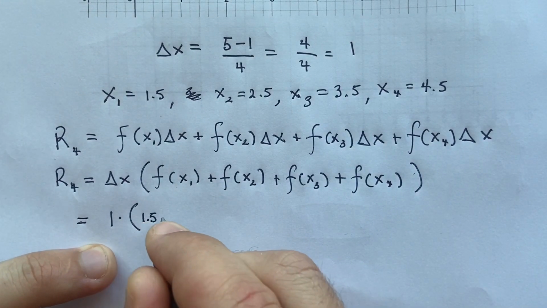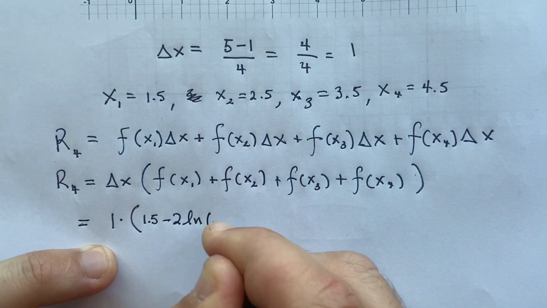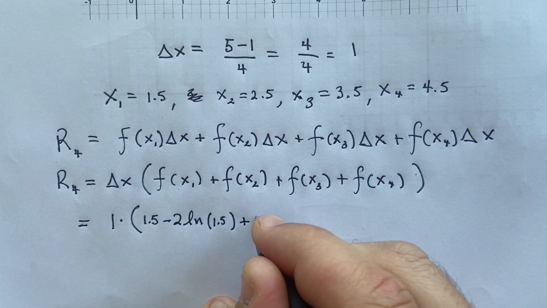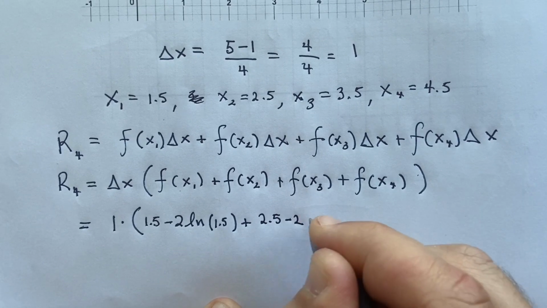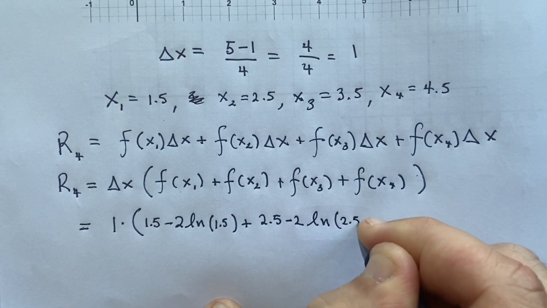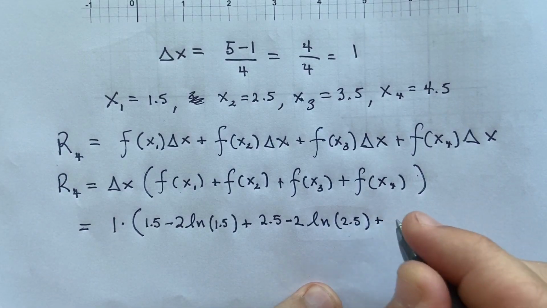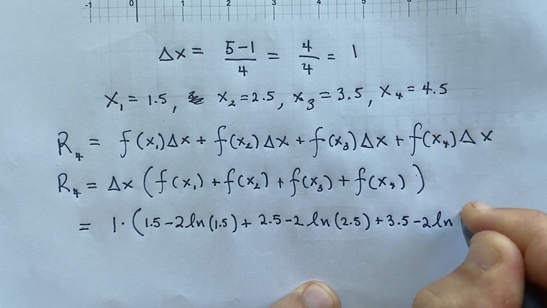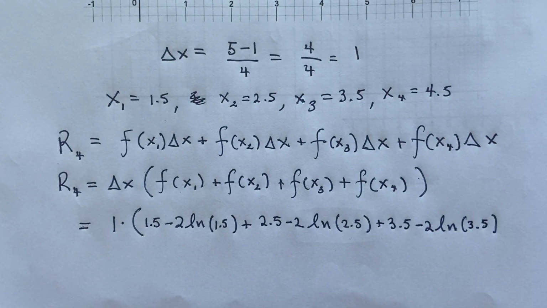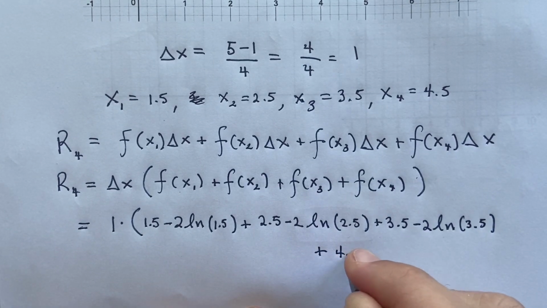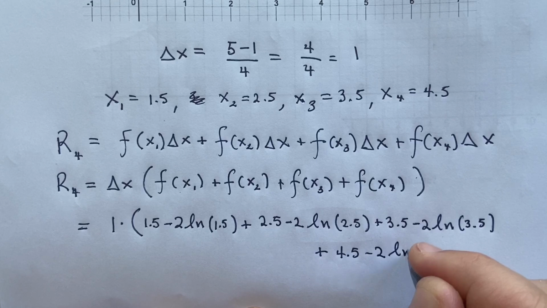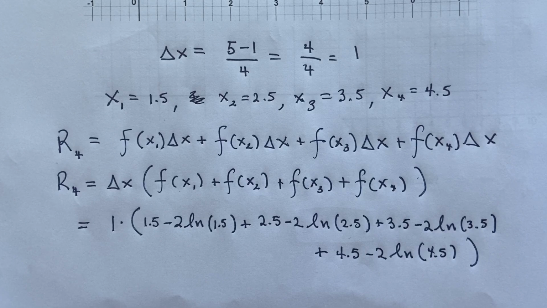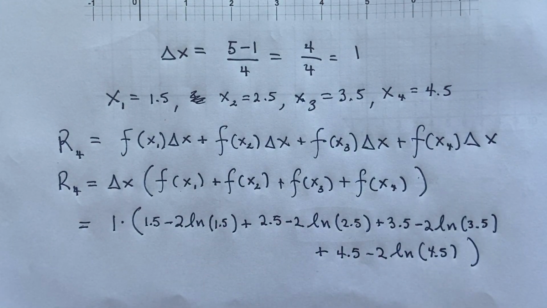So I'll have 1.5 minus 2 times ln of 1.5 plus 2.5 minus 2 times ln of 2.5 plus 3.5 minus 2 times ln of 3.5. And then finally plus 4.5 minus 2 times ln of 4.5. Okay, so I'll type all this stuff into my calculator now and just round.